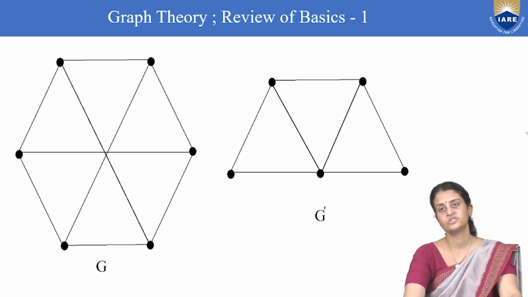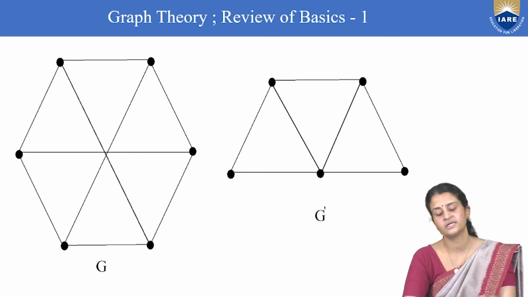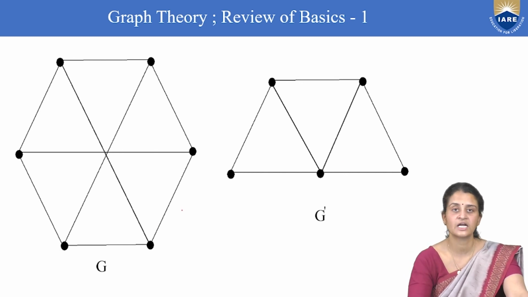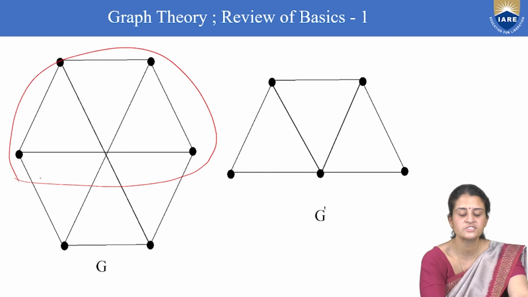Now we are moving to this graph G, and I have drawn G dash. Is this G dash a subgraph of this graph G? No. Why? Because in G, do we have a vertex here? No, right? According to this portion, we feel that it is a part of this.